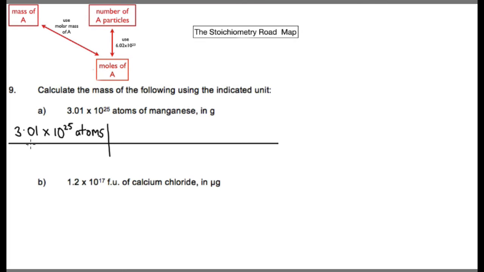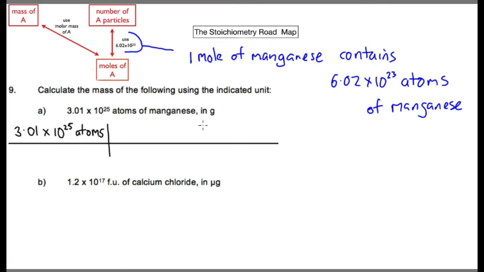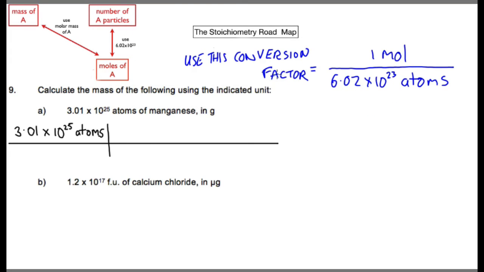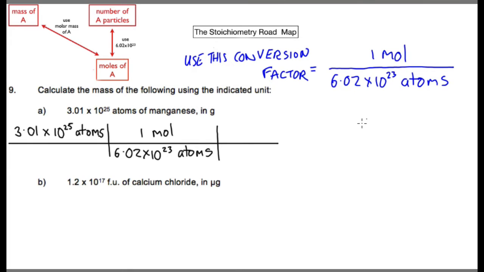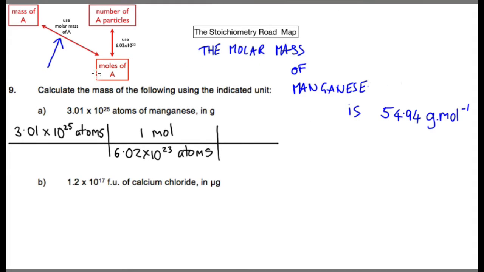So we've got 3.01 times 10 to the 25 atoms of manganese. We're going to use Avogadro's constant in the conversion factor. 1 mole has 6.02 times 10 to the 23 atoms. Moles goes on top. That's what we want to convert to. And then we use the molar mass of manganese to convert into grams.